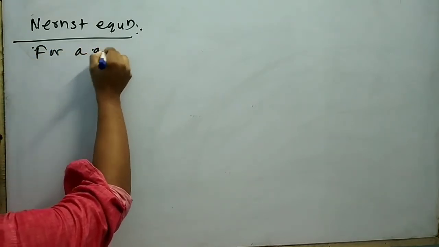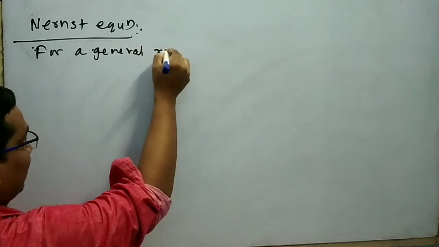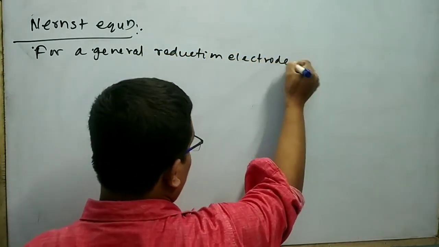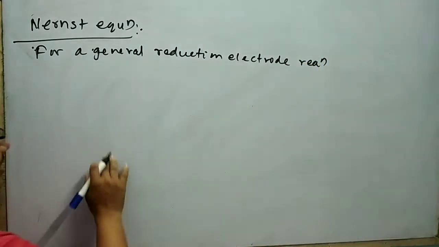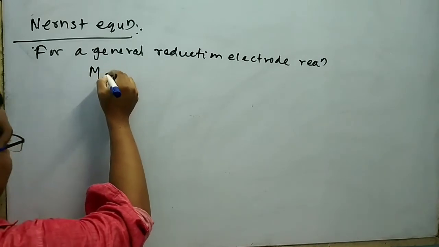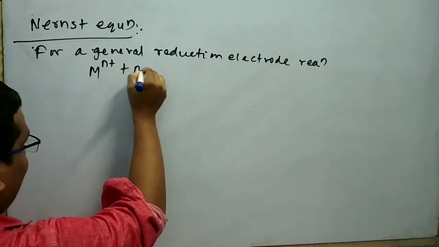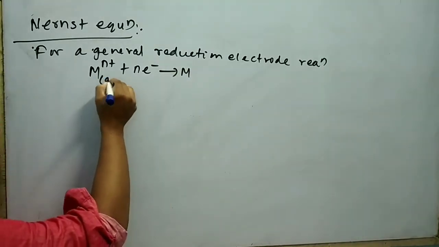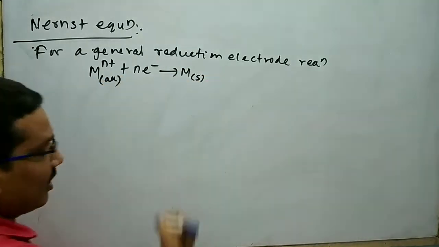For a general reduction electrode reaction, suppose M^n+ plus n electrons gives M. Here M^n+ is aqueous and M is solid.